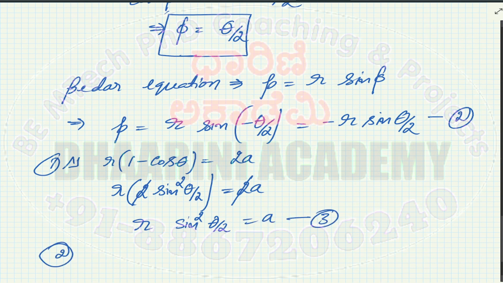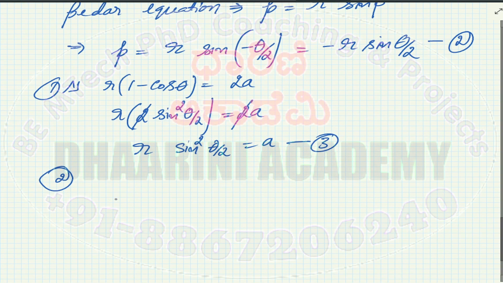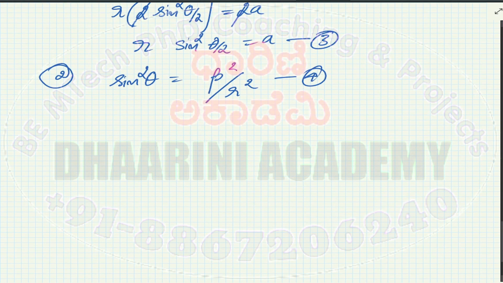But from equation number 2 I can write what is sine square theta. From 2 take r to the other side, this becomes p square by r square. So call this 4. I wrote this from equation 2. Okay, so now this implies, substitute r into sine square theta from equation number 4, p square by r square, is equal to a.